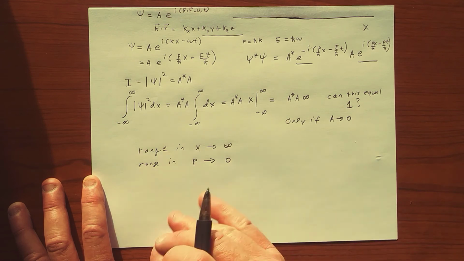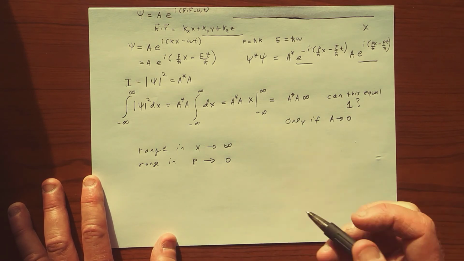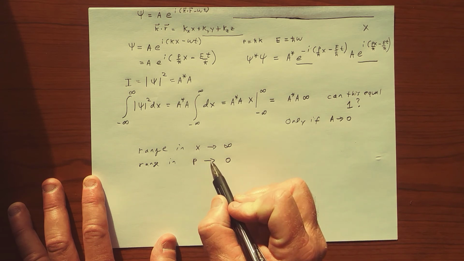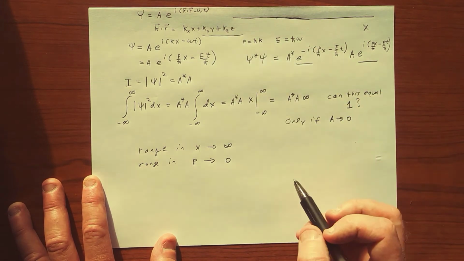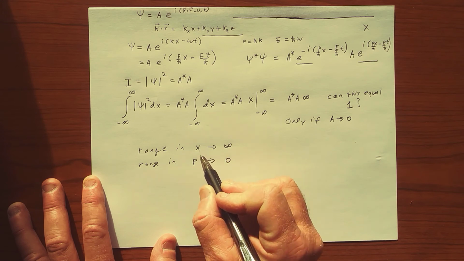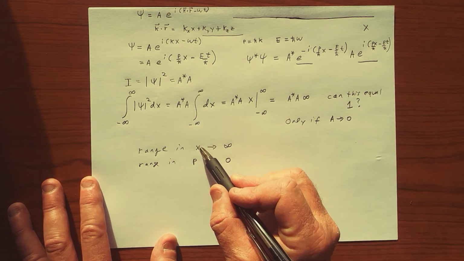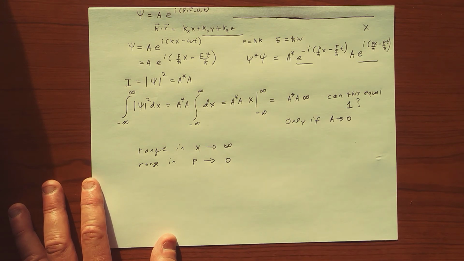And so basically we're concluding that it's not possible to describe a localized object using waves if you fix the momentum to one value only. We're going to have a non-zero range in momentum in order to get a non-infinite range in position.